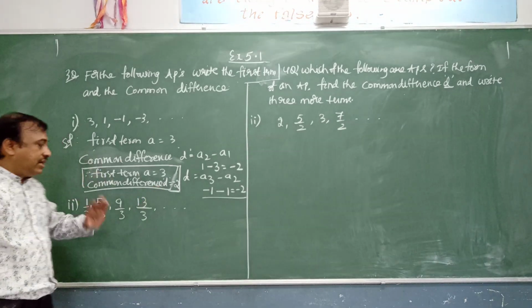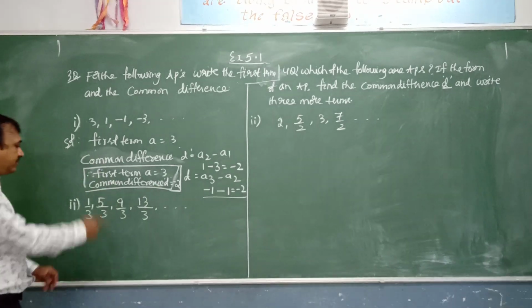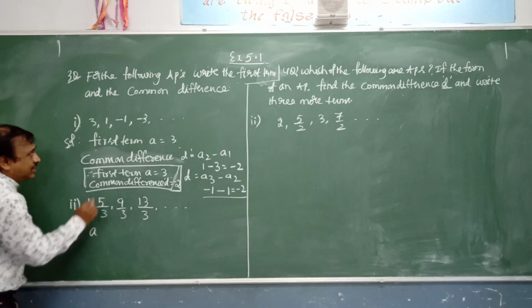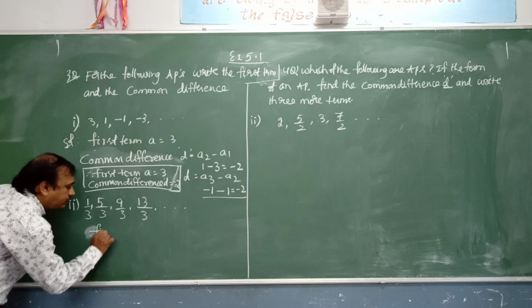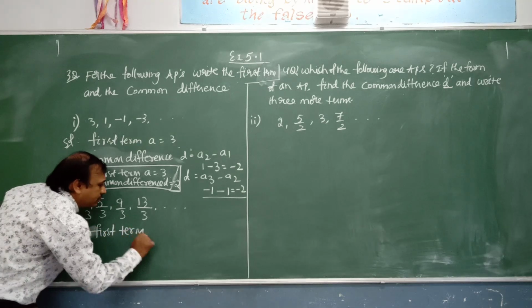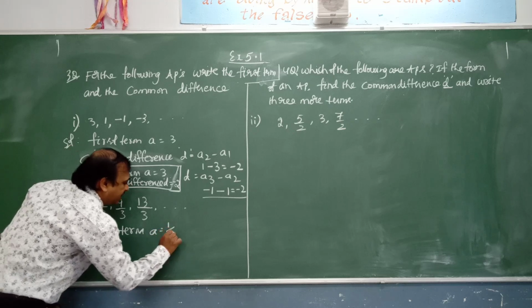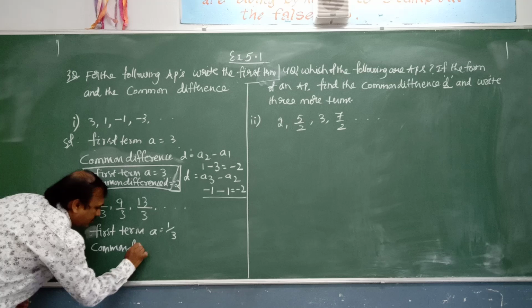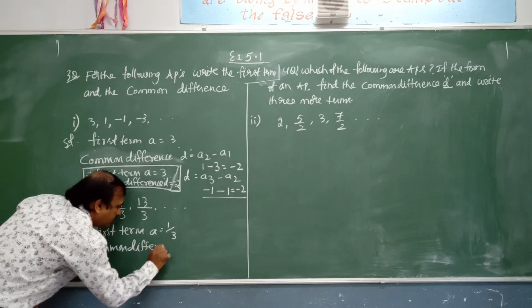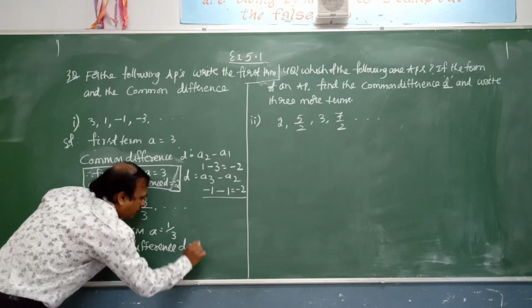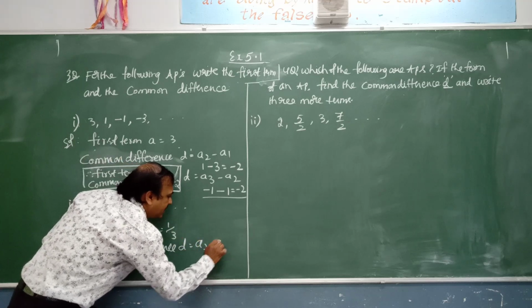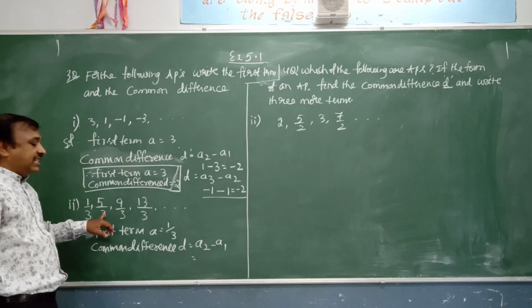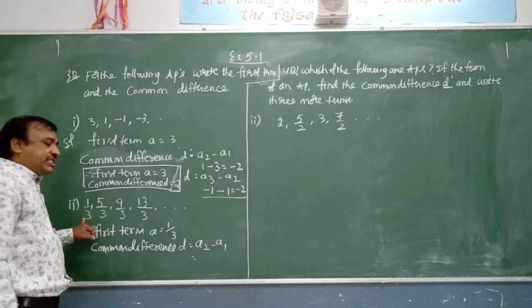I hope you understood. Now we see one more question. In this, what is the first term? First term A is equal to 1 by 3. Common difference D is equal to A2 minus A1, second term minus first term.